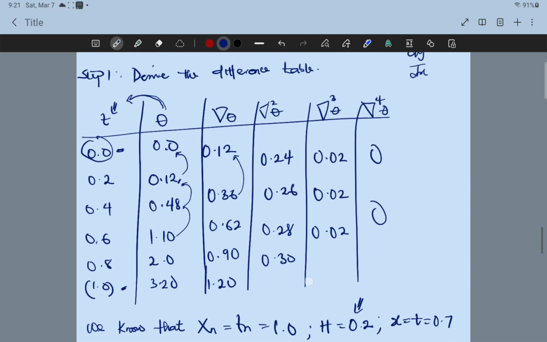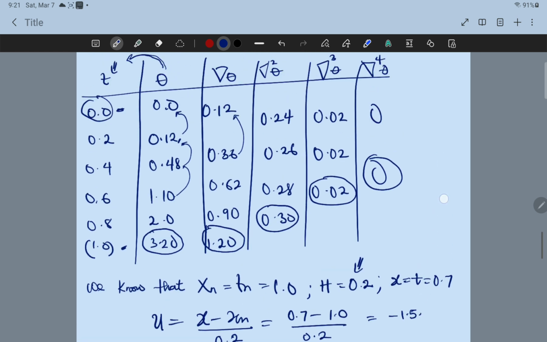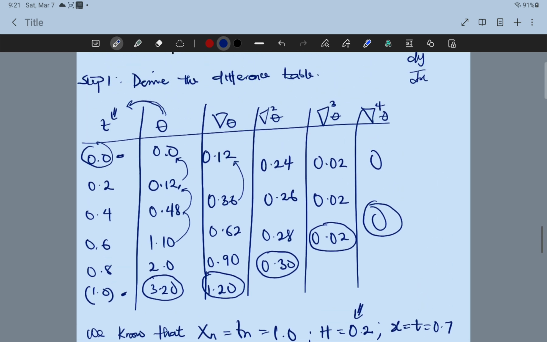What is backward difference of theta? In a backward difference table, you are picking the ending of the table. In a forward difference table, you are picking the first value on the table. But in a backward difference, you are picking the ending, the beneath.